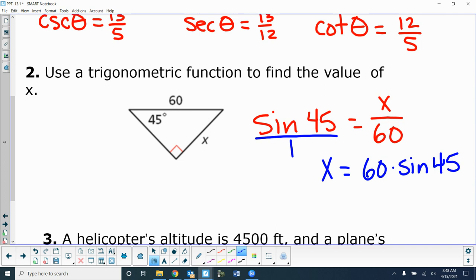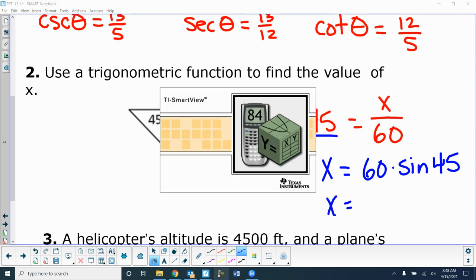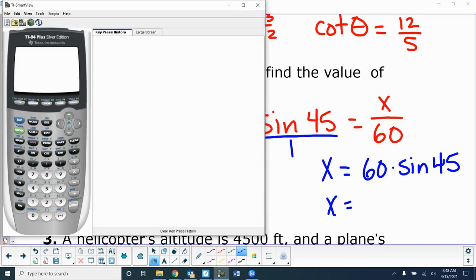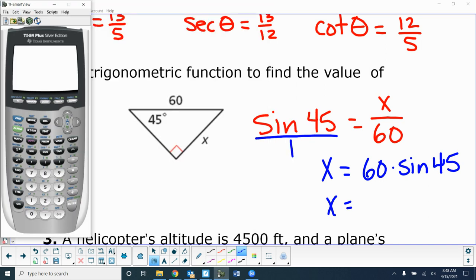Okay? So using the calculator for that, 60 sine of 45 is 42.426. Okay? I guess it's 42.4.